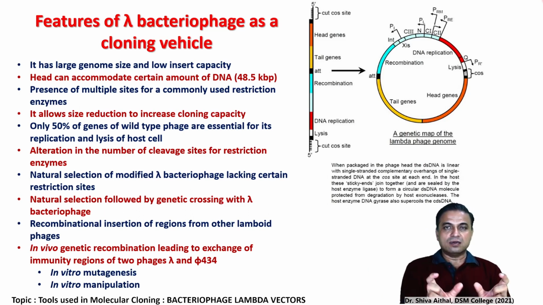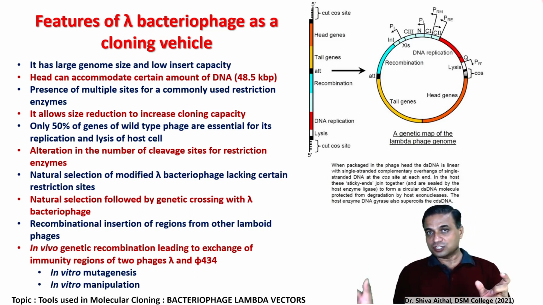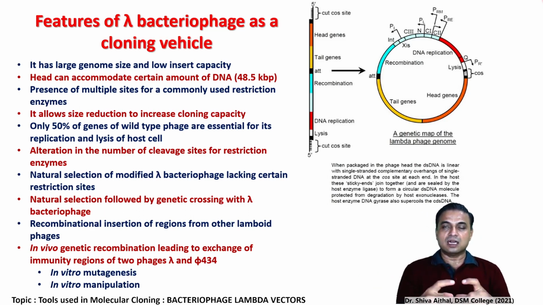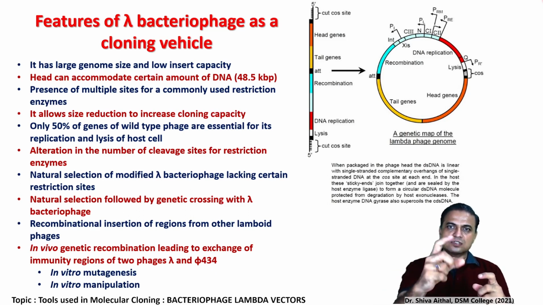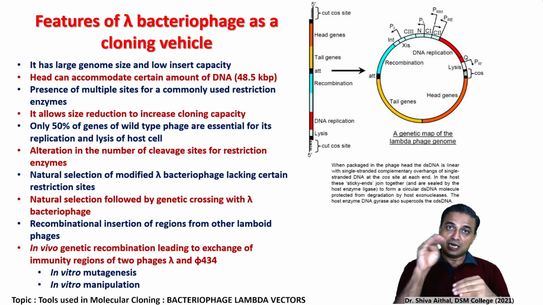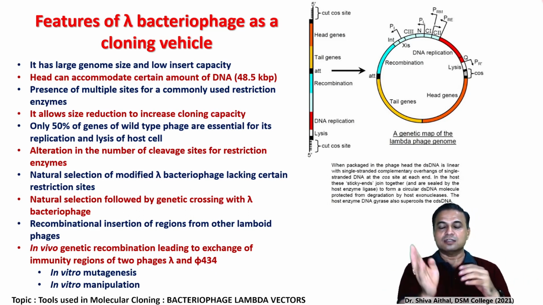Means you can take lamboid genes from other strains and club them. You can even take the lactose gene and stuff it here, so that you can use lactose to regulate the lawn of bacteria. Multiple options are there.